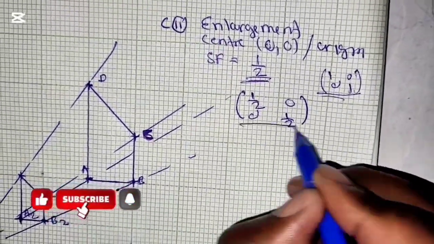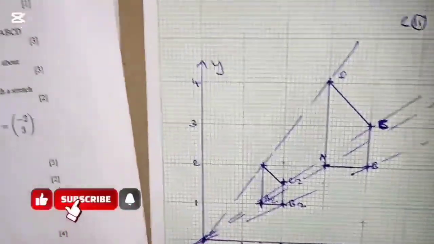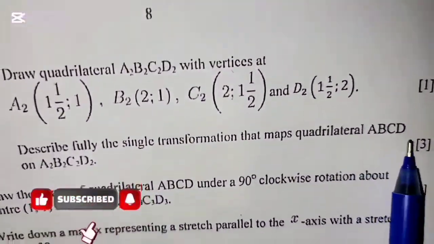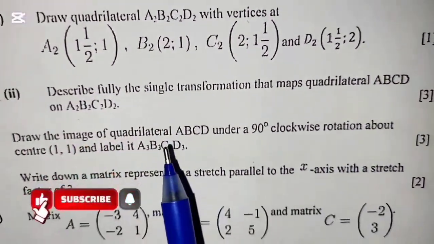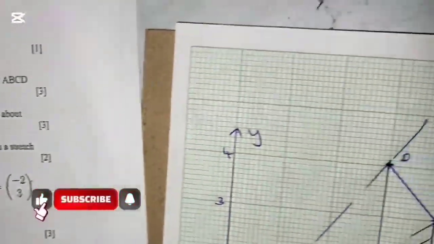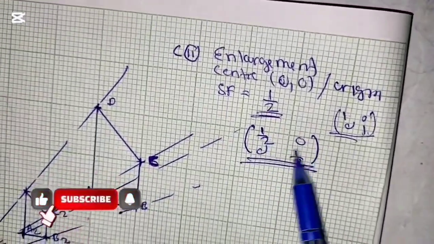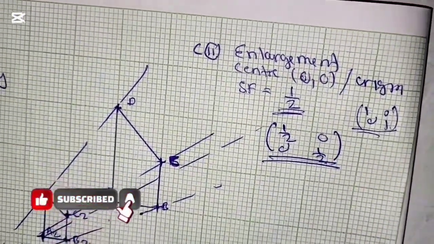That describes the single transformation that maps quadrilateral ABCD onto A2, B2, C2, D2. You can even write this matrix as enlargement, center 0, 0 or origin, scale factor half.